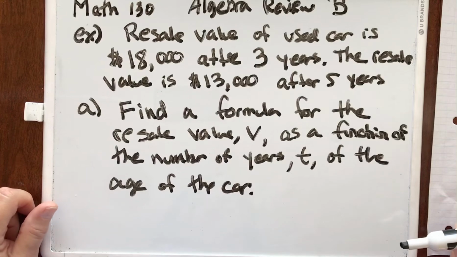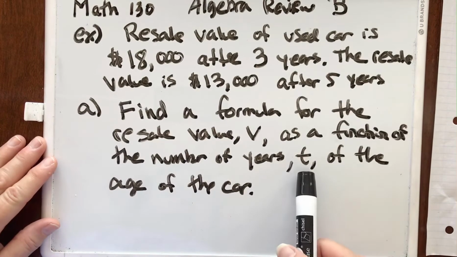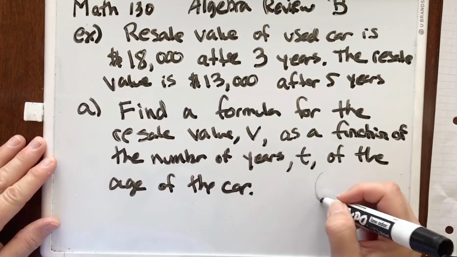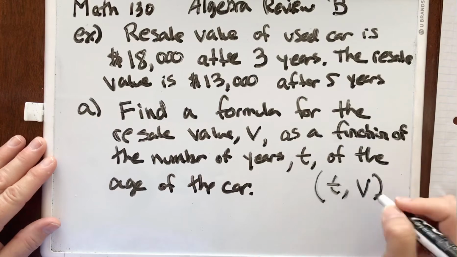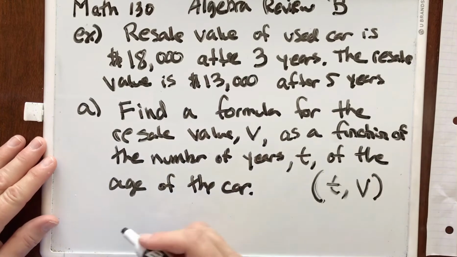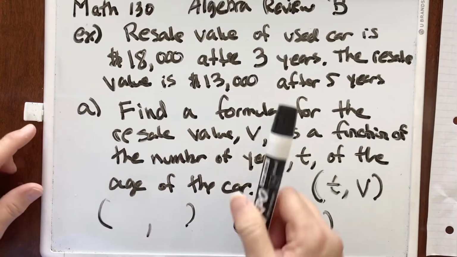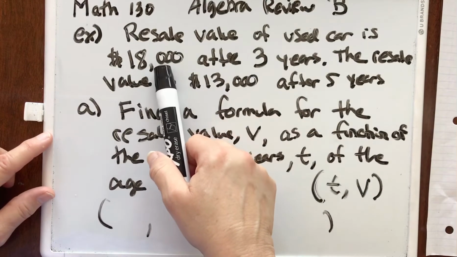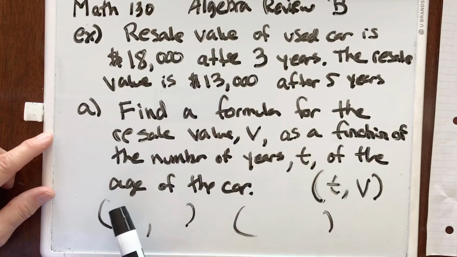All right, well, we have 2 points here. Do you see our points? We know the input is T and the output is value because they stated such. So T is our input, V is our output, and they gave us some pair values. The first pair is $18,000 after 3 years. So does the $18,000 go here or here?